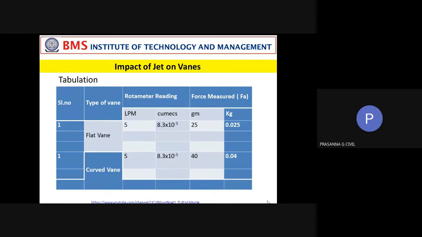For the impact of this discharge from the nozzle onto the flat vane, the actual force was measured as 25 grams, converted into kilograms as 0.025. Similarly, for the same discharge on the curved vane, the force was obtained as 40 grams, converted as 0.04 kg.